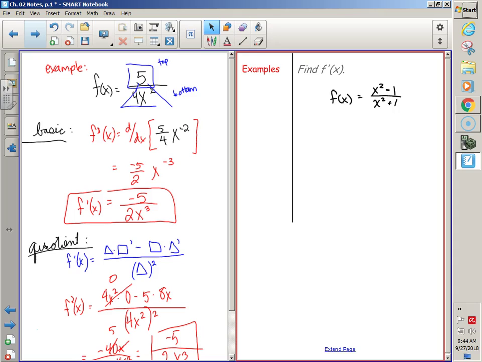But I'm going to write up something that we could have solved with a basic rule. And we'll talk about him in a second. They both have F's on top and G's on bottom, aka functions on top and functions on bottom, aka they're both rational functions. They're both rational functions, but that one could use basics, whereas this one could not.